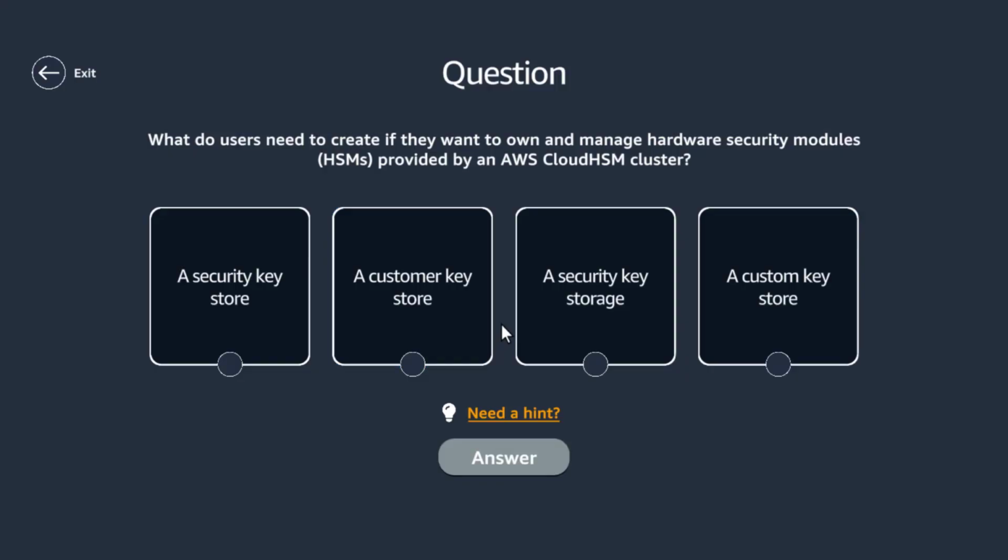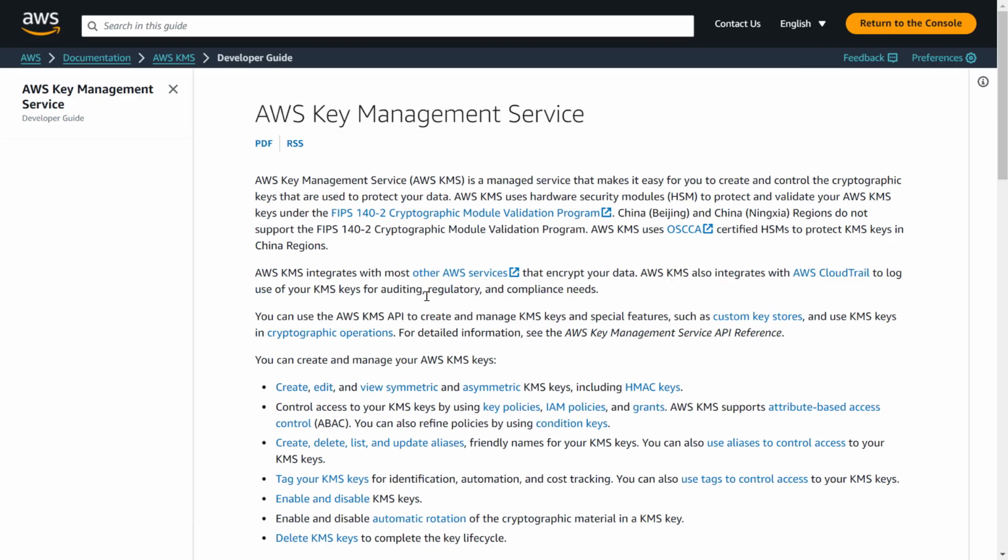Okay. What do users need to create if they want to own and manage hardware security modules provided by CloudHSM cluster? This one, I guess, I don't know. I seriously don't know what this is.